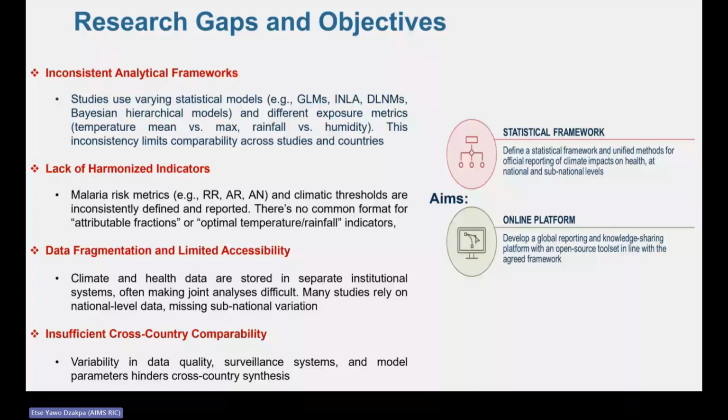This means that we need a platform with an integrated system. Our project aims to have two main objectives: developing a standard and unified statistical framework for reporting the impact annually, and having a platform where people can input their data and download the statistics.